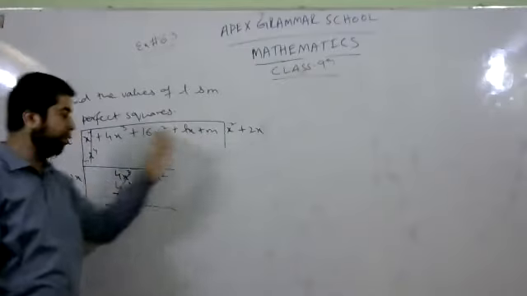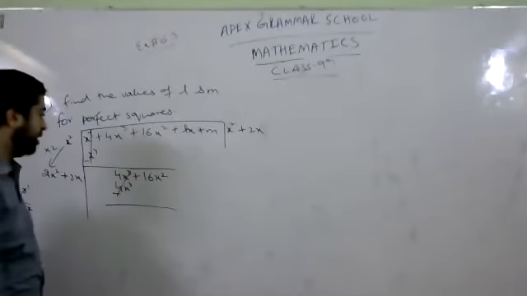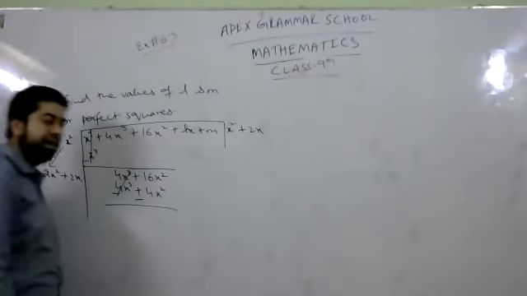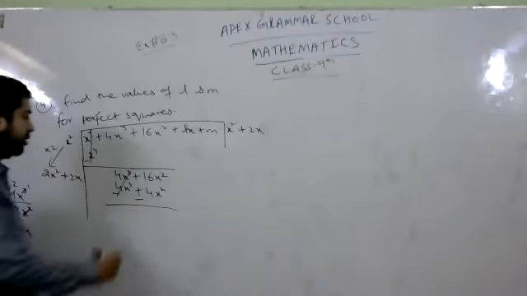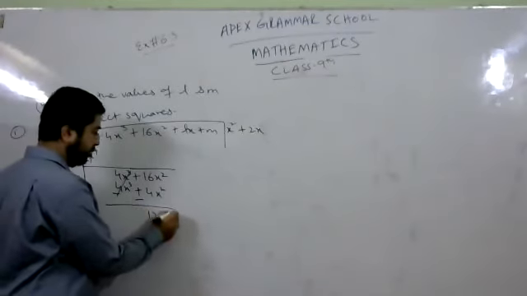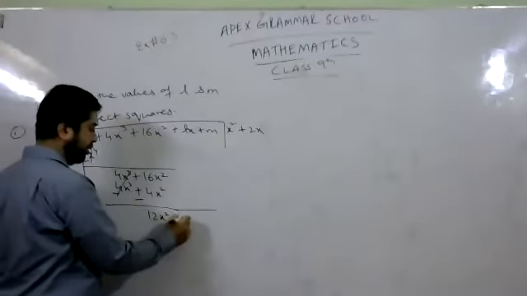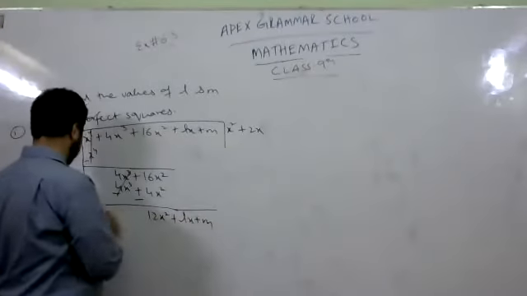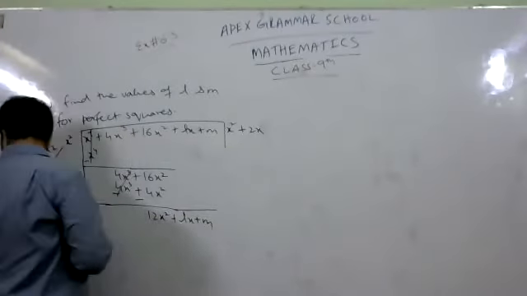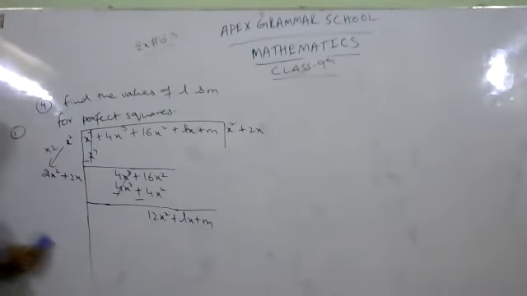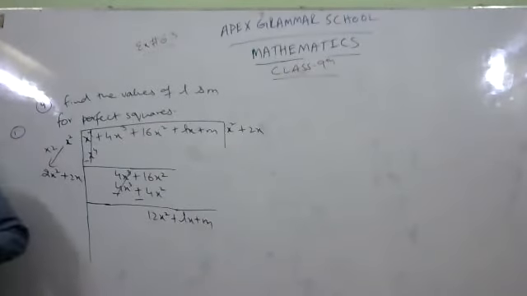This 2x will multiply with this 2x, that makes 4x squared. Change the sign. 16 minus 4 makes 12x squared. And after that, Lx plus n. Now this 2x squared will be as it is here.